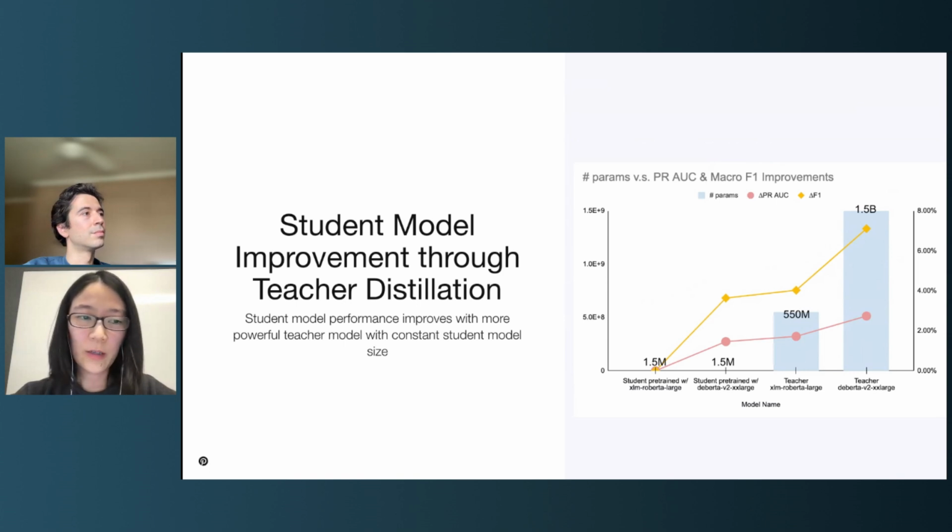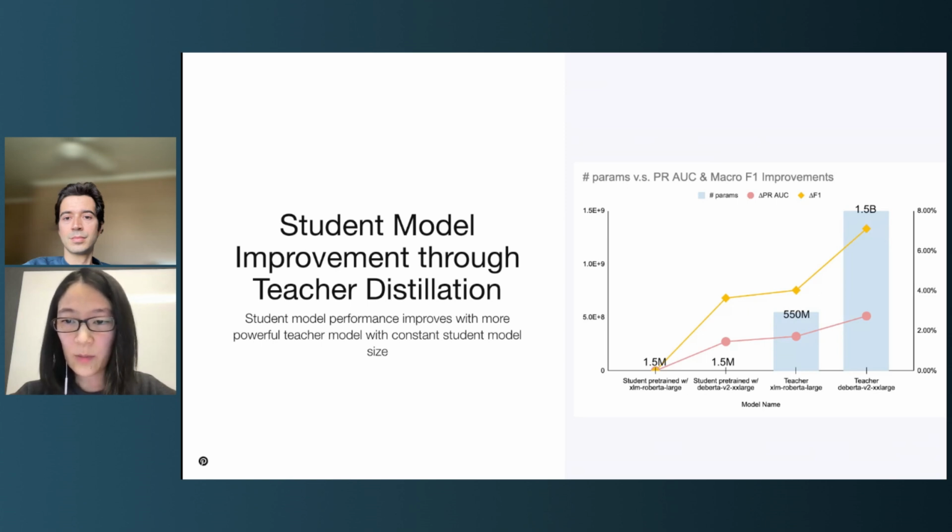In addition to the improvements we're seeing in the teacher model, we have also seen success in the knowledge distillation process from teacher to the student. Here in this graph, we can see that the student model size is kept constant and model performance still improves when pre-trained with more powerful teacher model, RoBERTa XXLarge compared to RoBERTa large.